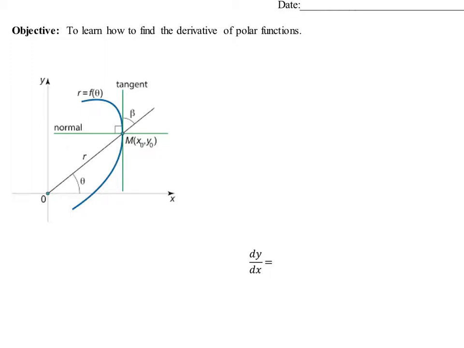So if you know that x is equal to r times the cosine of theta, and y is equal to r times the sine of theta, basically a parametric equation where the parameter is the angle as opposed to being time. All right, so I can use this information to come up with a dy dx.